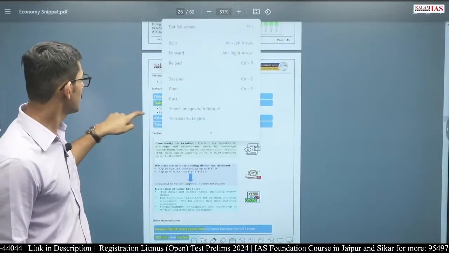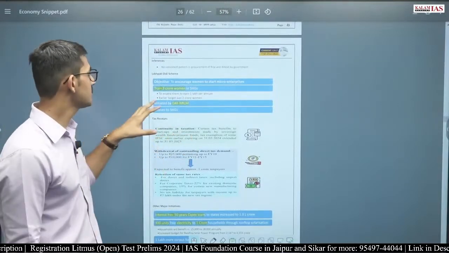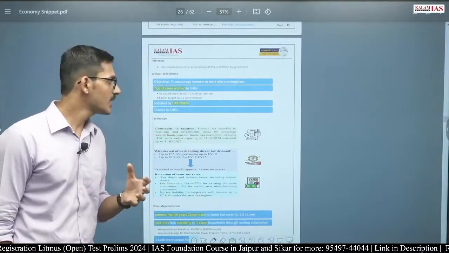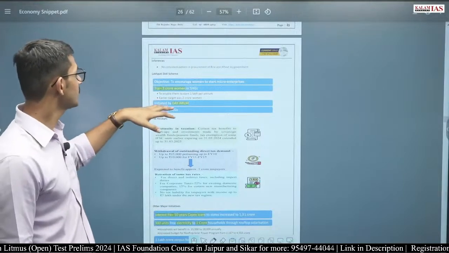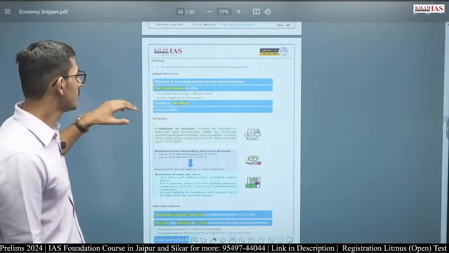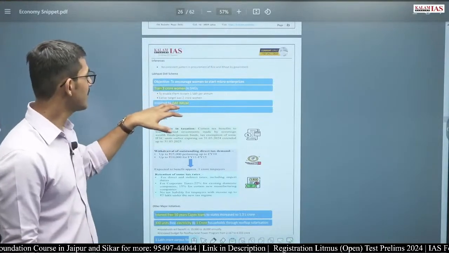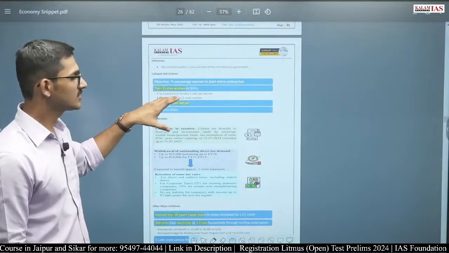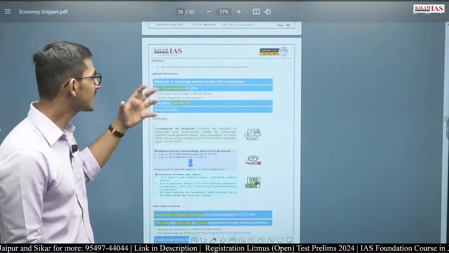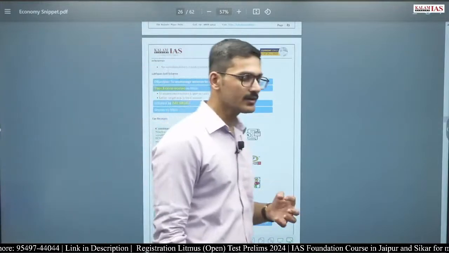Now the next important data in this budget is the Lakshpati Didi scheme. Lakshpati Didi scheme is basically a scheme by the Government of India. It is initiated by DAY NRLM, National Rural Livelihood Mission, of the Ministry of Rural Development. DAY NRLM has initiated this scheme to encourage women to start micro enterprises in rural areas.